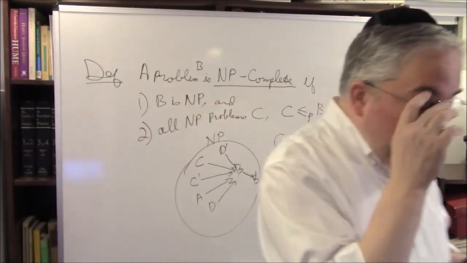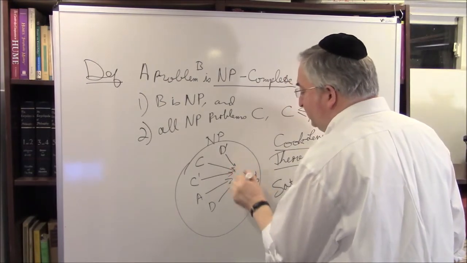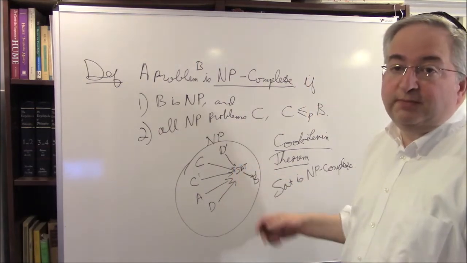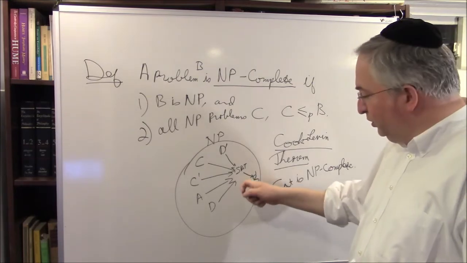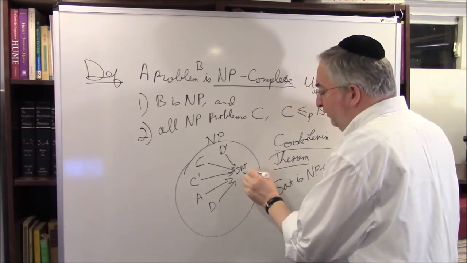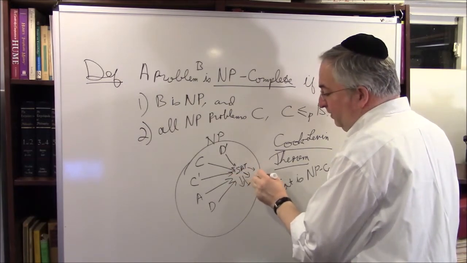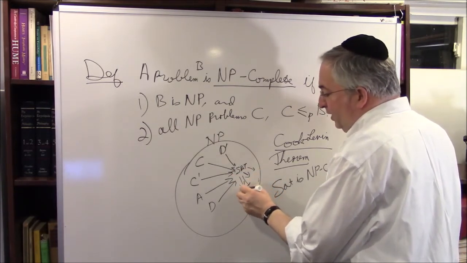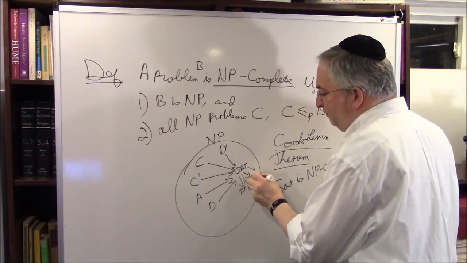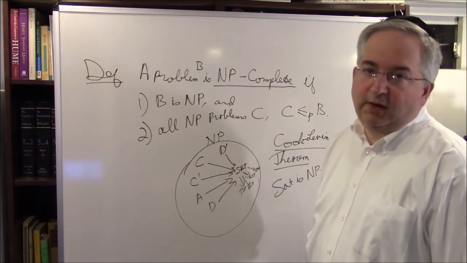Okay, so Cook and Levin showed that there's one definite NP-complete problem, satisfiability, and that all the other problems can be reduced from SAT. In particular, the five problems that we saw, namely the traveling salesman problem, Hamiltonian cycle problem, subset sum problem, and set partition problem, are all examples of NP-complete problems.